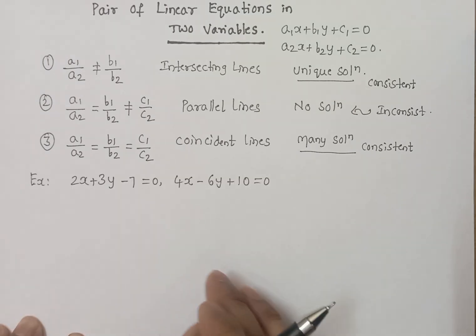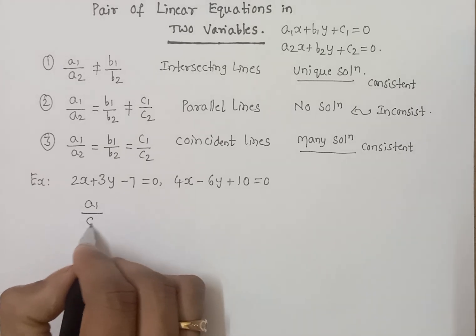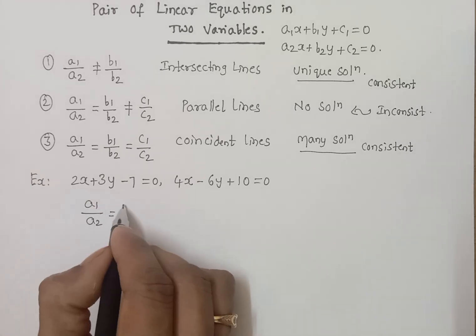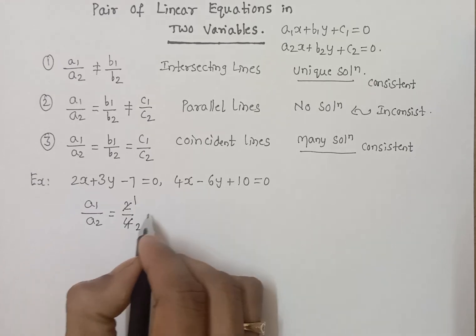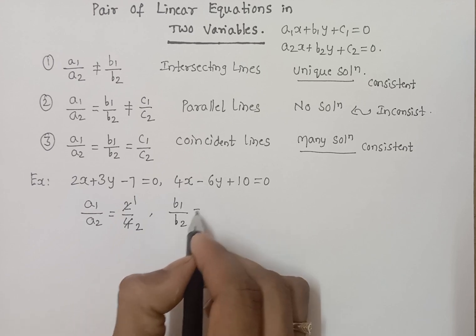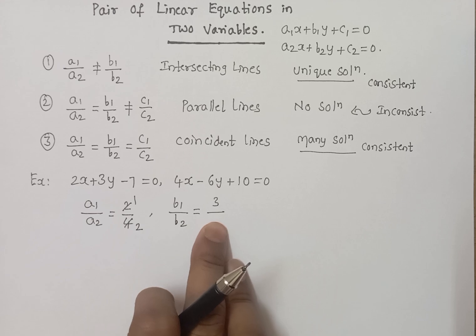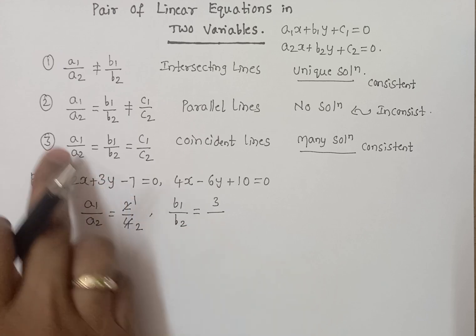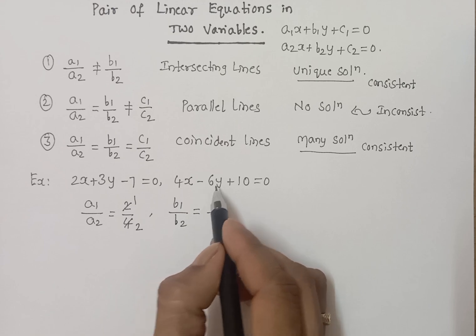Here I have taken one example. What is the ratio of a1 by a2 here? a1 by a2 is 1 by 2. Let us take b1 by b2 also, that is 3 divided by, don't take 6. If you take 6, again we'll get 1 by 2, and it may be the second or third condition, so be careful while taking the coefficient.